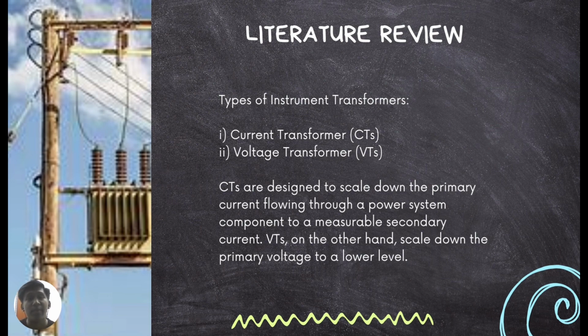The CT measures high current in the power system and scales it down for measurement and protection equipment using a primary winding and a secondary winding. The voltage transformer measures the high voltage and steps it down to a safe level using a primary winding and a secondary winding, either electromagnetic or capacitor based.